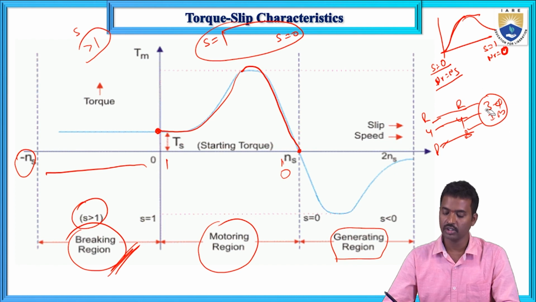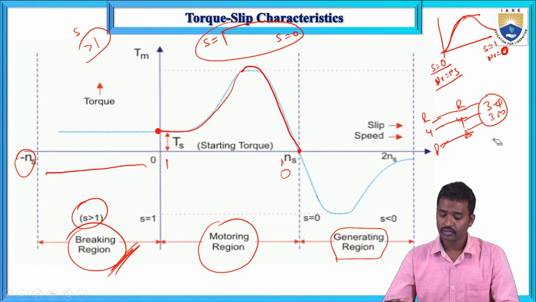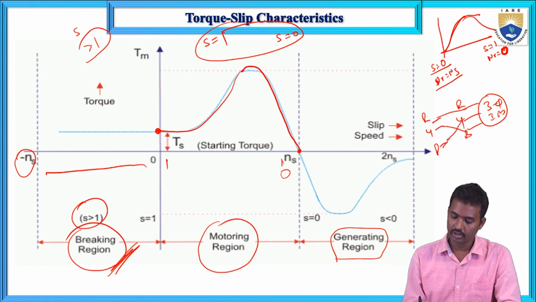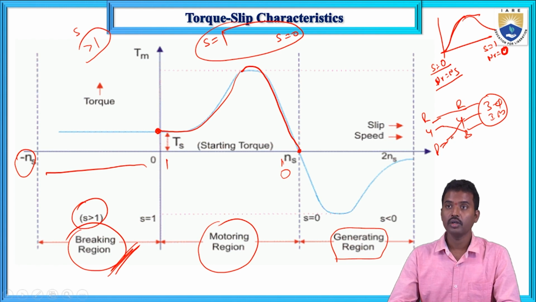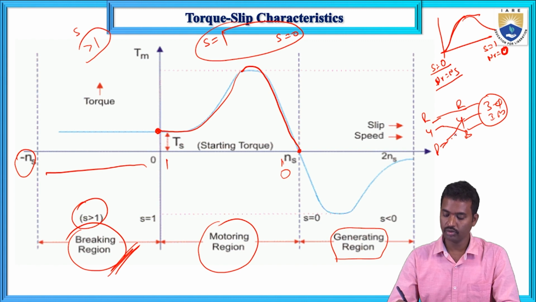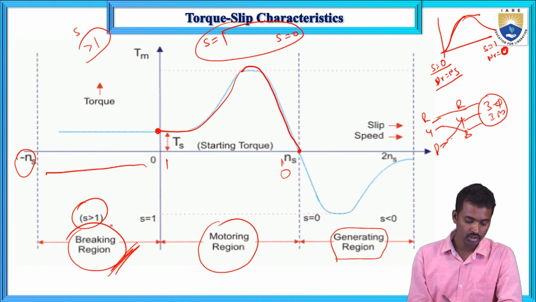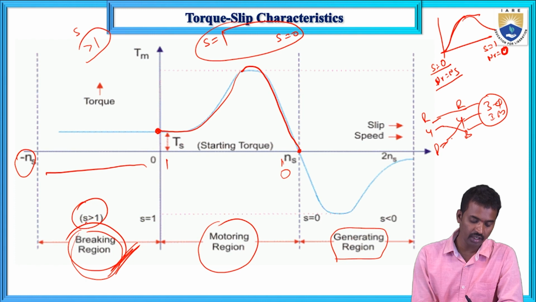That flux and this rotating magnetic field produce force, which is mechanical energy. Now if I interchange any two terminals of the stator 3-phase winding, the motor rotates in reverse direction. So that is the case, slip is greater than 1.